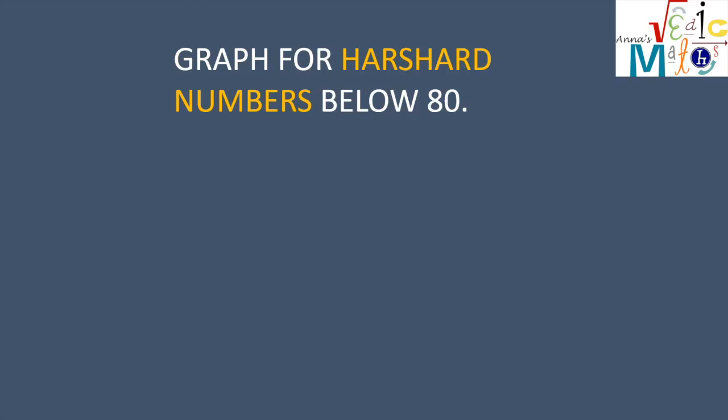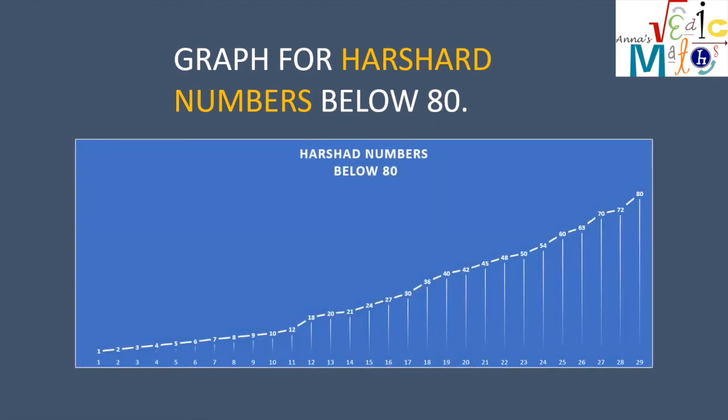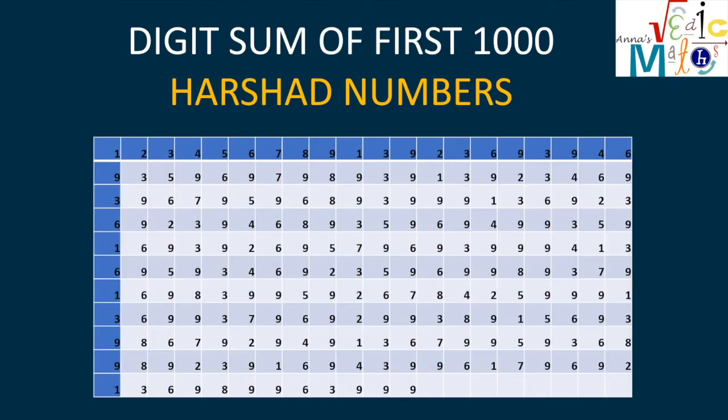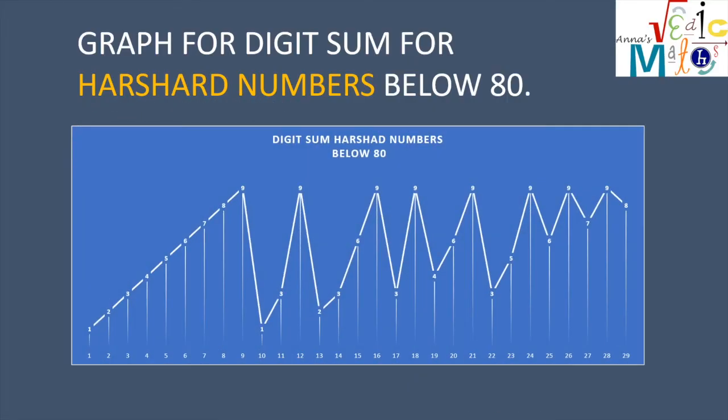This graph shows the trend of Harshad numbers below 80. If we do the sum of digits of these first 1000 Harshad numbers, we obtain this nice table. The trend of the digit sum for the Harshad numbers below 80 is represented in this graph.